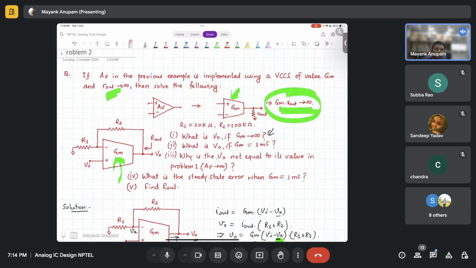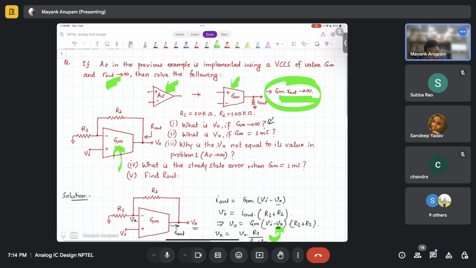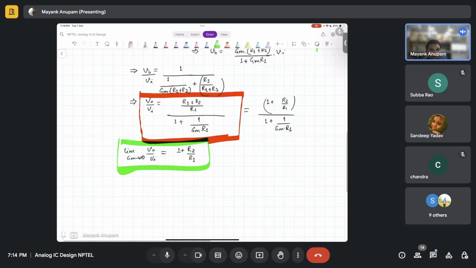Are you able to understand my question? In the previous question, problem number 1, the only condition was that the gain AB has to be infinite for this to behave like an ideal op amp and the signal to be amplified to the correct value.